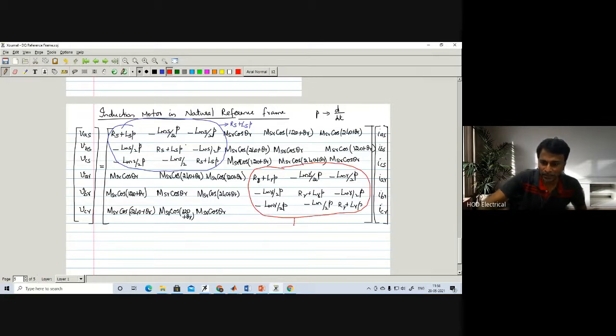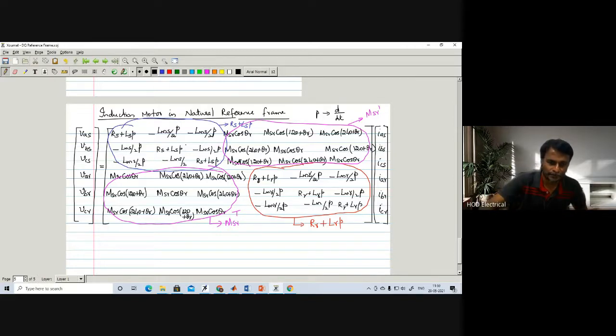That means we have written R matrix plus LR into P matrix. Then this matrix is called the MSR matrix. Then this is just the transpose of this matrix, so we can call it MSR transpose. Like that we have derived it.